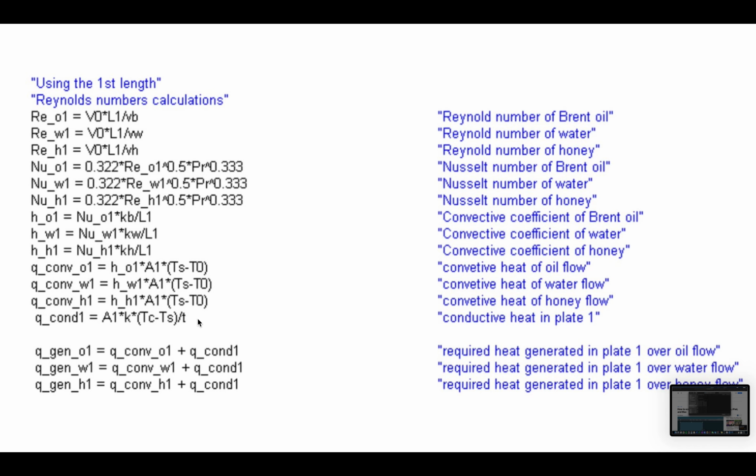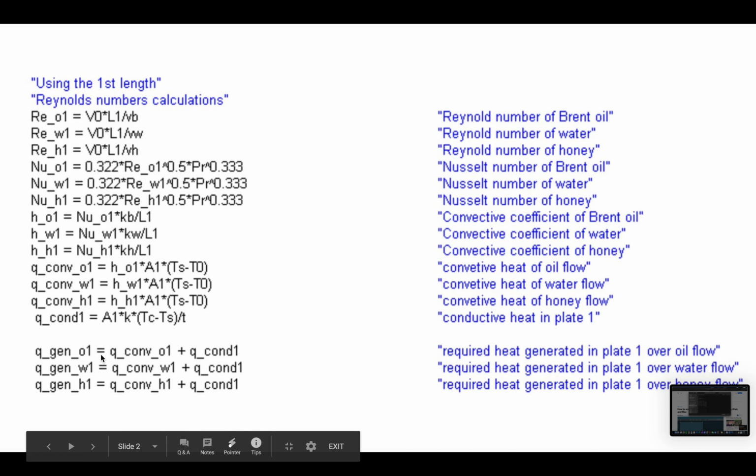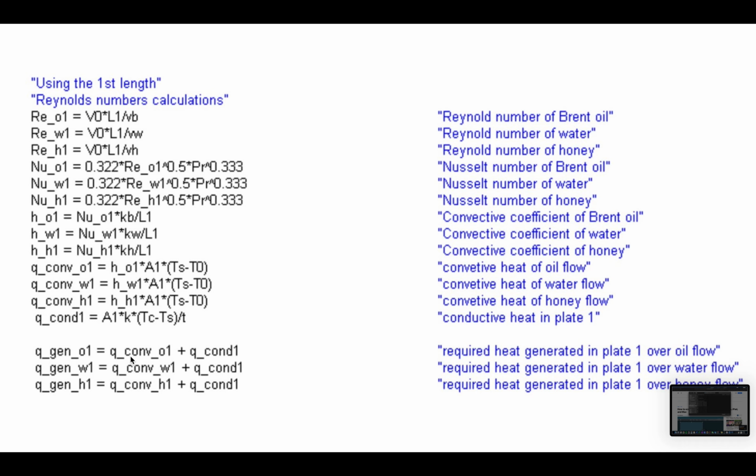Right here is where I calculate the conduction heat loss by using just the equation in the conduction chapter. So by using the conservation of energy, we can find that the required heat generated equals the heat loss due to convection plus heat loss due to conduction.